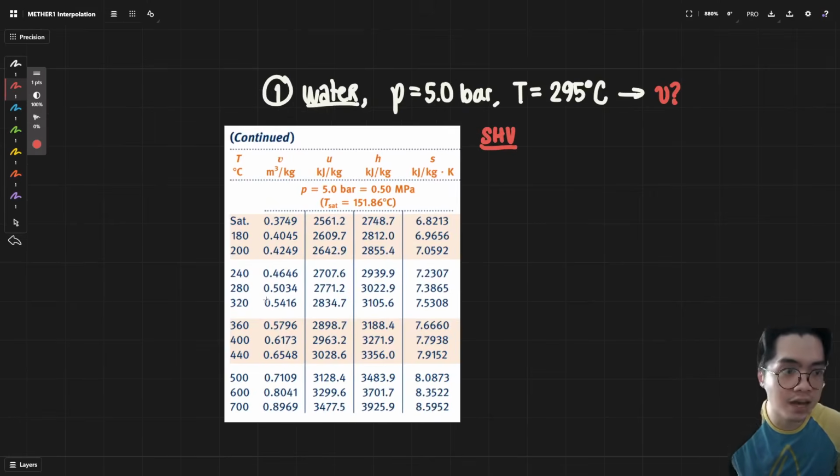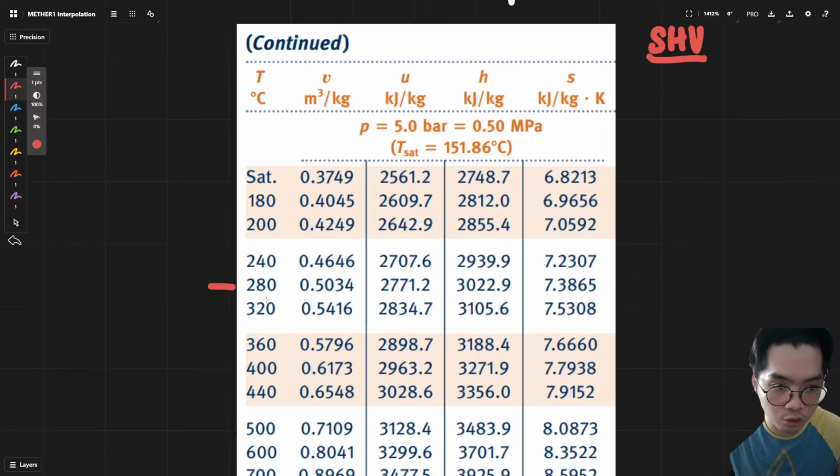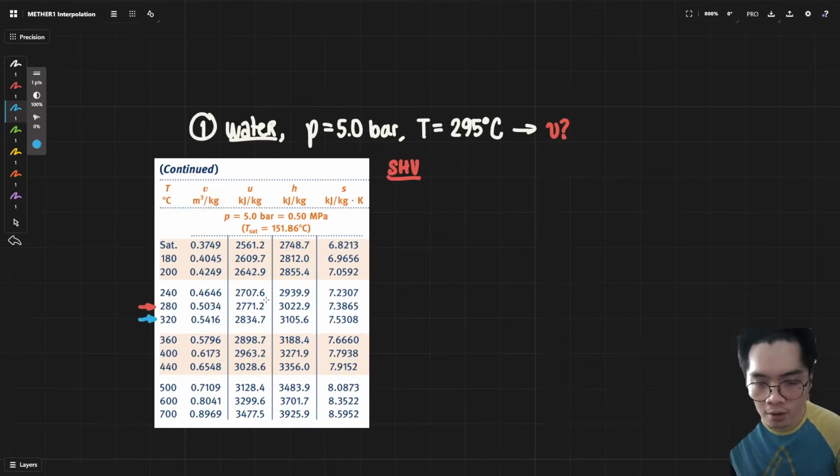There is a value that is lower than 295, which is 280, and a value that is higher, 320. Our goal is to find the value sandwiched between 280 and 320.